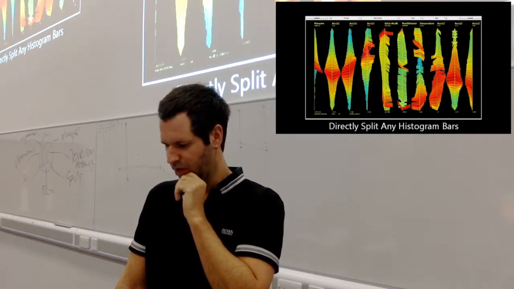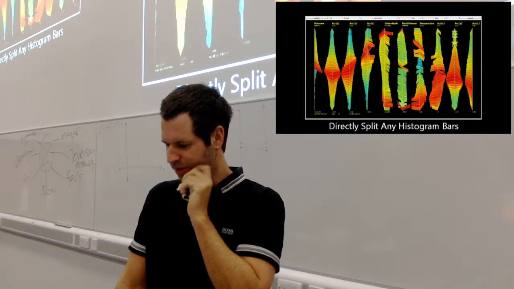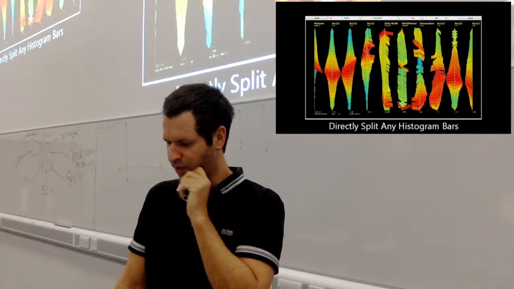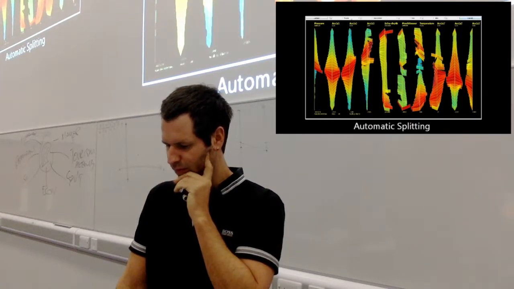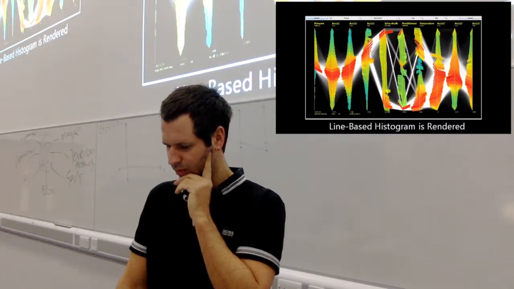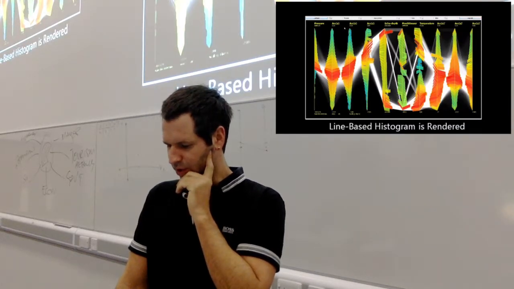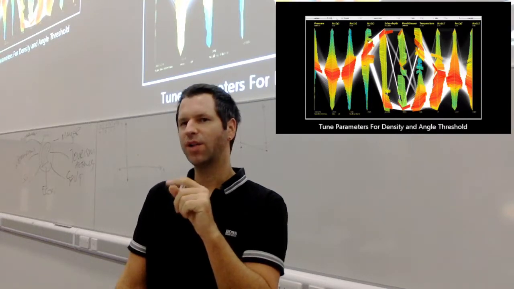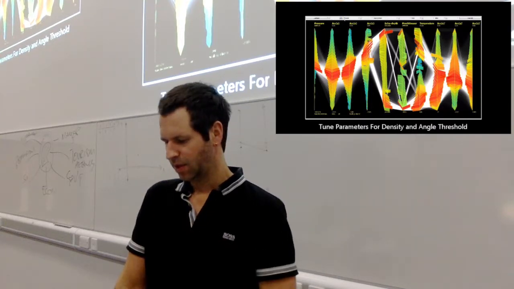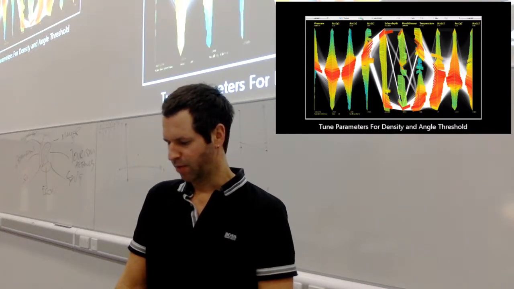The user is clicking on different bins and then getting more details about the polylines that intersect those axes. And then the user can render the original polylines behind the histogram bars.